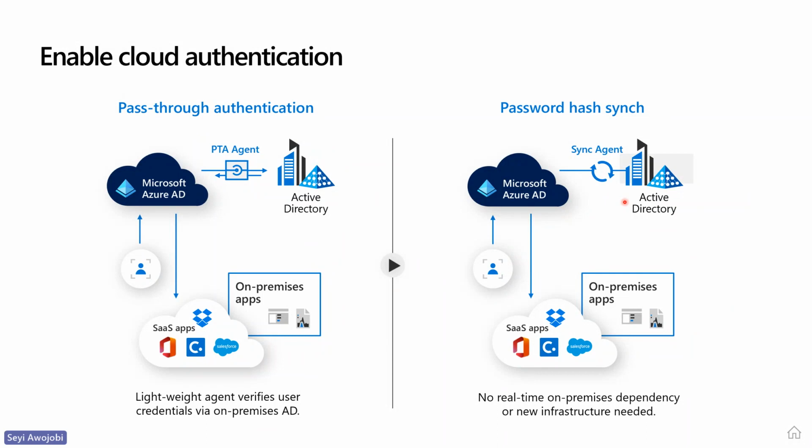Now, for both of the authentication paths, whether pass-through or password hash synchronization, you can still get the benefits of the cloud. Right. Within Azure AD, we have what we call identity protection. And what that simply means is Microsoft is constantly working with security partners. We're constantly searching the dark web to identify credentials that might have been compromised, whether your username or password has been leaked on the dark web.